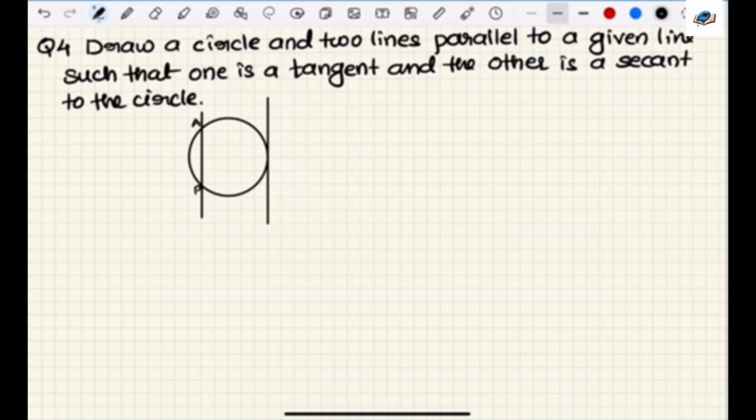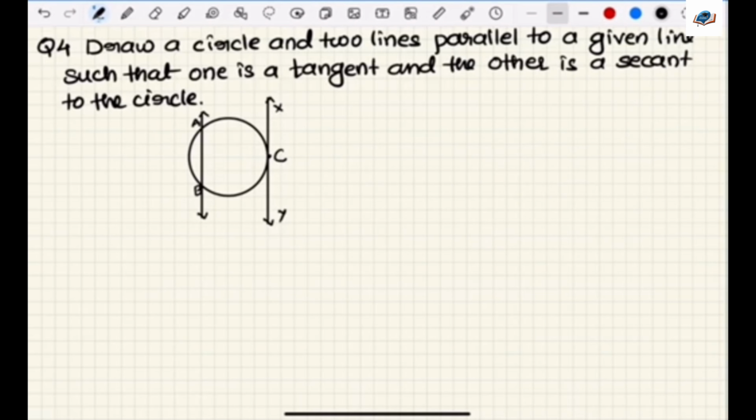Now, I am giving them the name. Here it is touching at A and B points, and I am showing it with an arrow so that it is a line, and this other line is touching the circle at C point. Let me give the name X and Y to this.